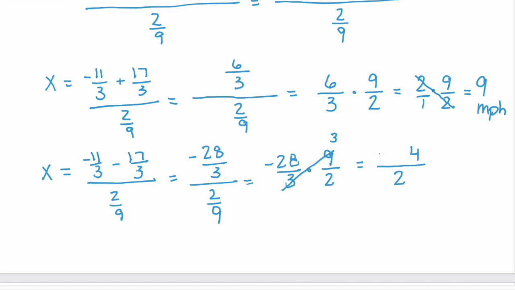And 28 times 3 is 84, so negative 84, which is negative 42. Can we go negative 42 miles per hour? No, so that gets tossed out. So the only possible solution is 9 miles per hour.